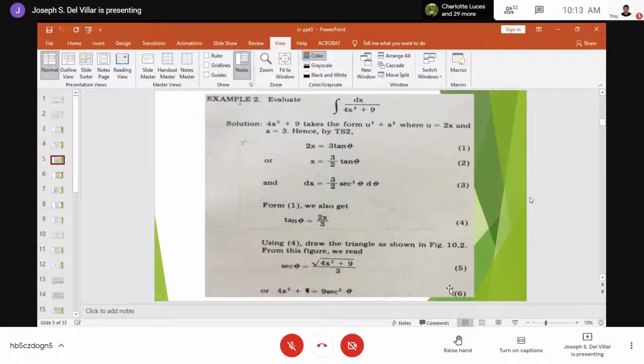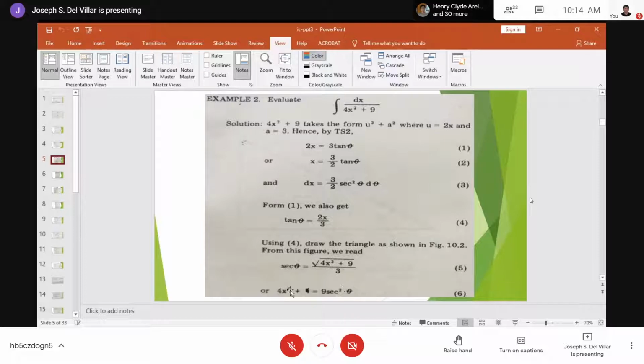Now, since mahirap mag-solve pag may mga radical sign, then you get rid of the radical sign, you square both sides. Squaring these both sides, so we have 3 secant theta. Pag in-square mo, that is 9 secant squared theta. Then this one, mawawala lang dito yung radical sign. So only 4x squared plus 9.